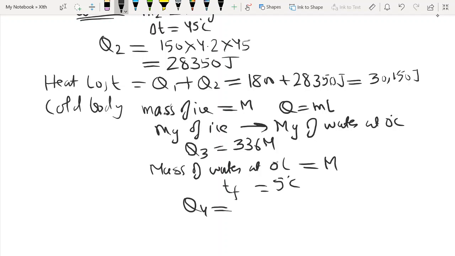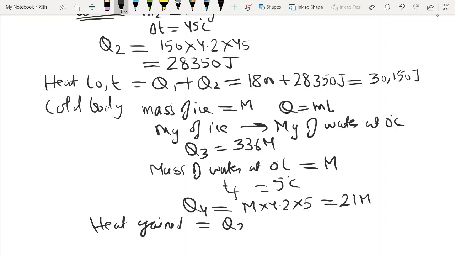Q4 would be given by mc delta T. Now mc is 4.2 into change in temperature, 5 minus 0 is 5. So you get 21 m. Total heat gained is Q3 plus Q4, which is 336 m plus 21 m, which is equals to 357 m.